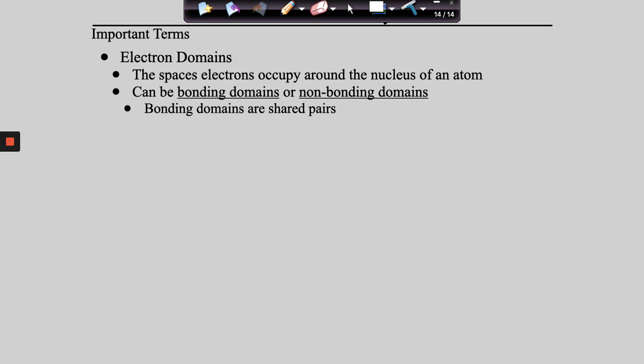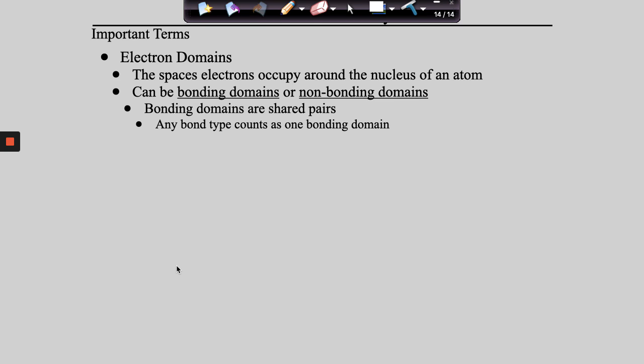So bonding domains are any shared pair of electrons. But here's the twist from what you learned last time. Any bond type counts as one domain. And we'll look more at that in a second. So domains are the places that electrons occupy.